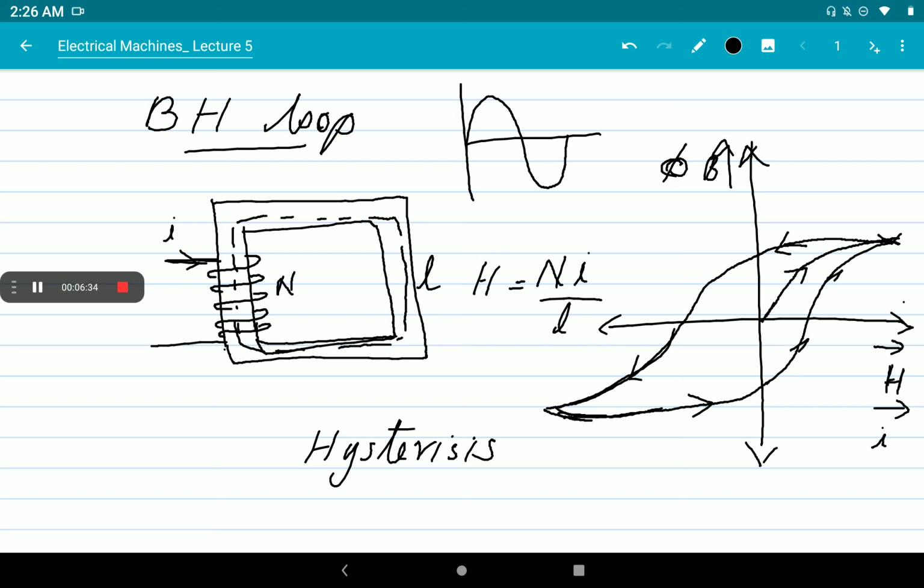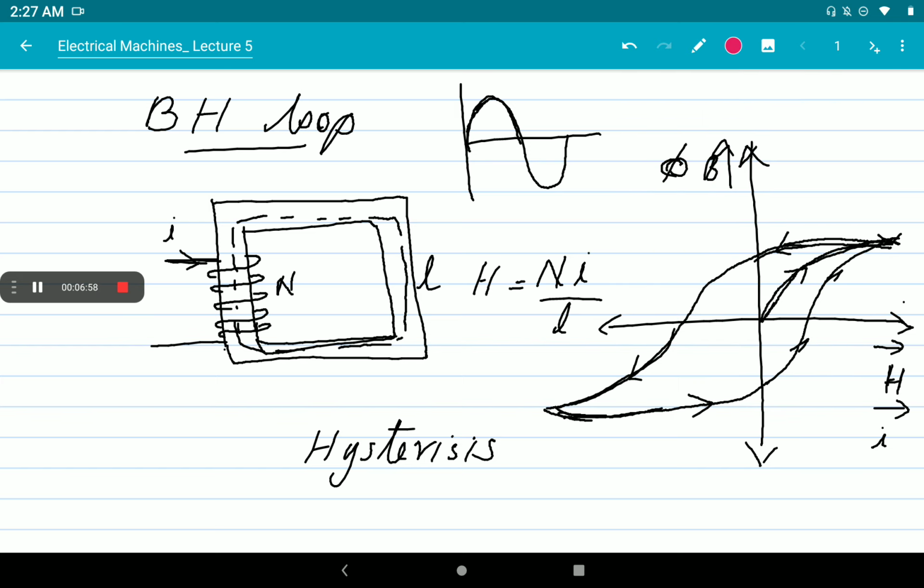So through a cycle of magnetization, when the current increases to maximum, the flux density B becomes maximum and saturated. When the current goes again to zero, B does not become zero.